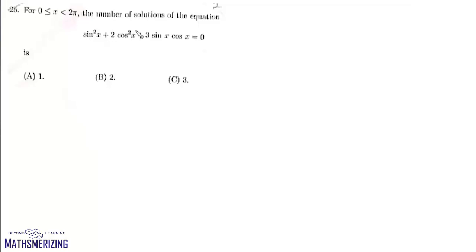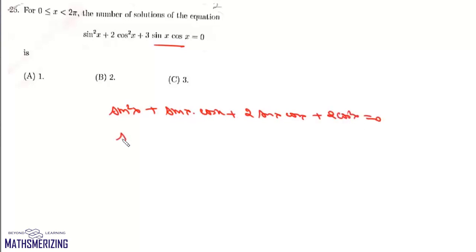Now question number 25 is, we have to find the number of solutions to this equation. Now we are given sin²x. Now we can write this as sin x cos x + 2 sin x cos x + 2 cos²x equals 0. So it will be (sin x + cos x)(sin x + 2 cos x) equals 0.